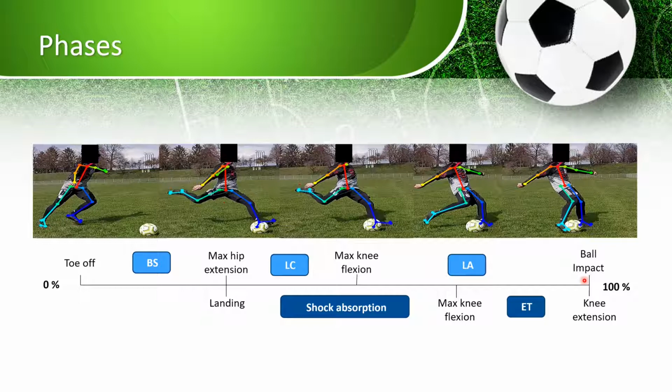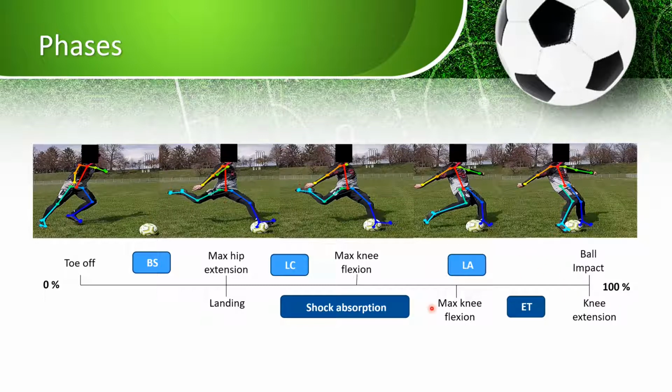But in this presentation, I'm just gonna ignore that parameter because it's really complicated to analyze in this way. So I'm only gonna explain what's gonna happen before the ball impact, basically.